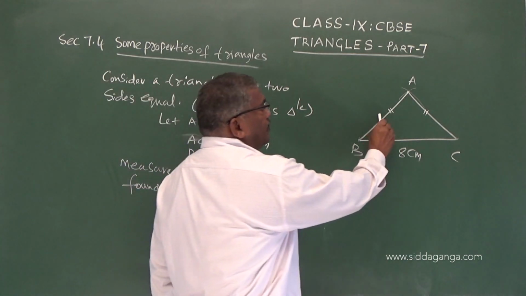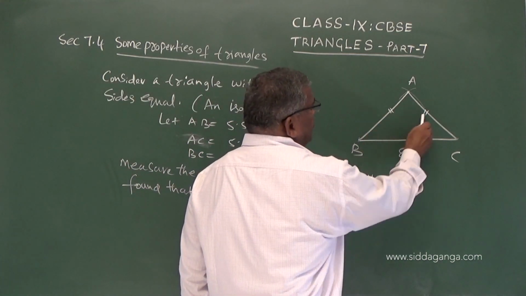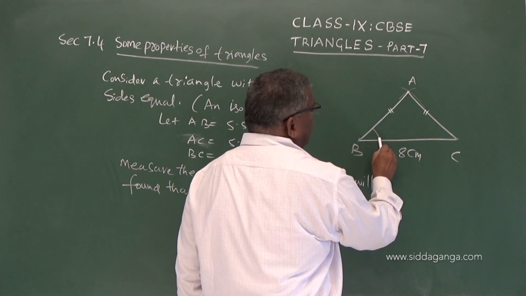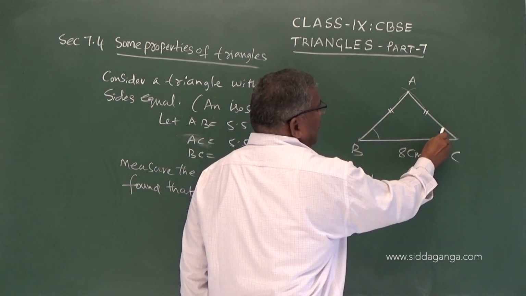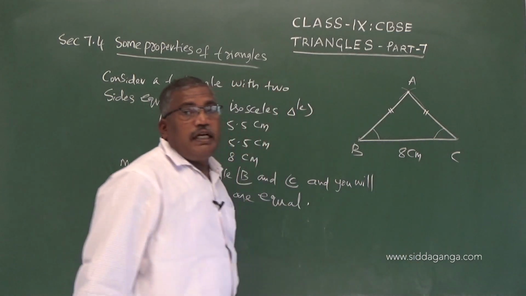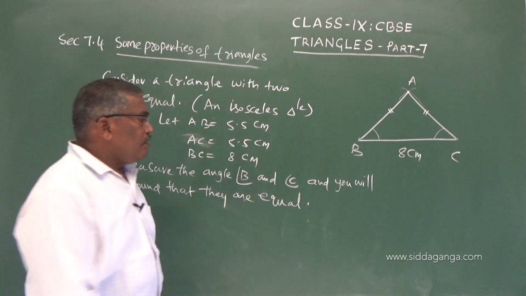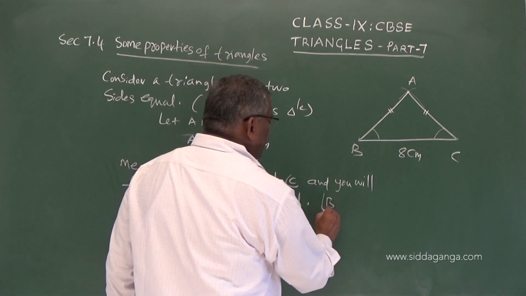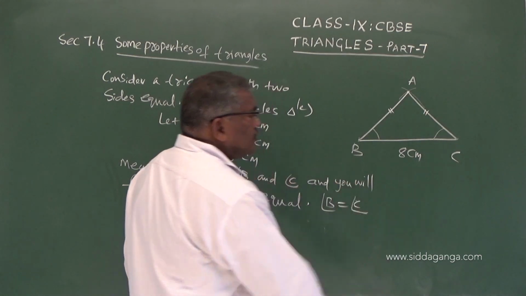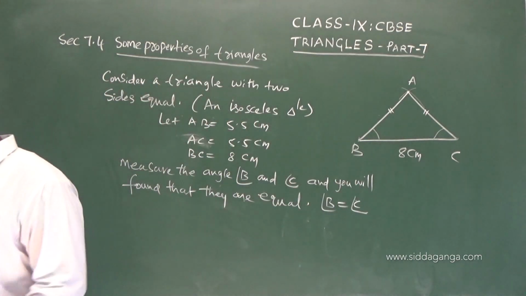So, when two sides are equal, the angle opposite to AC and the angle opposite to AB, the opposite angles will be equal. Therefore, angle B will be equal to angle C.